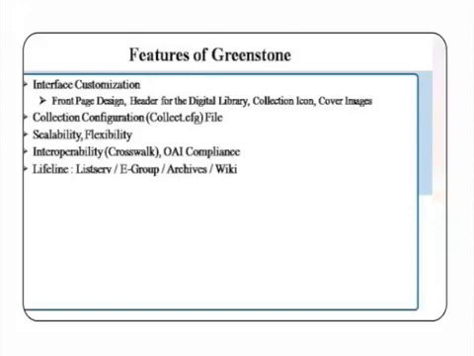A book can have the title as an image, and the title page as an image. In collection configuration, there is the collect.cfg file which can be configured, scalability and flexibility, and interoperability, that is the crosswalk using OAI compliance. Some groups like list server, e-group, archives, wikis, all these are supported in Greenstone.